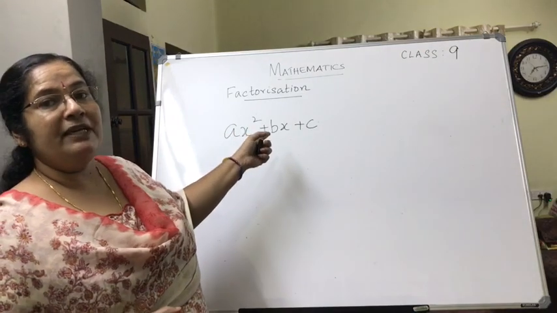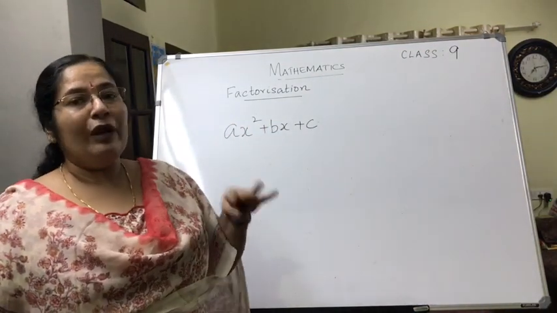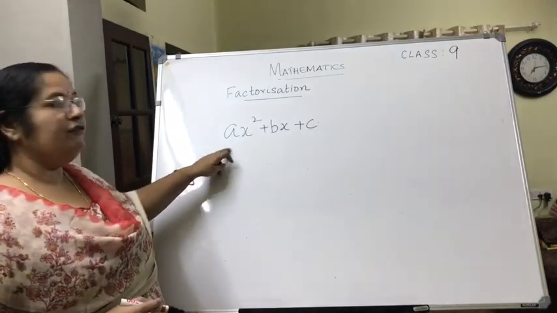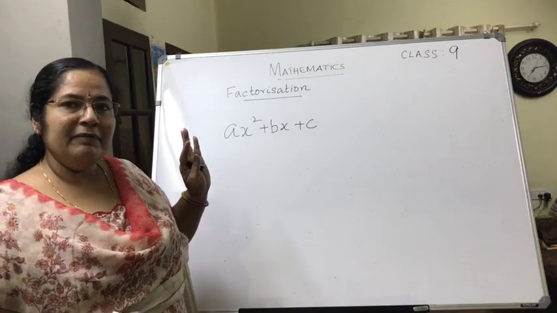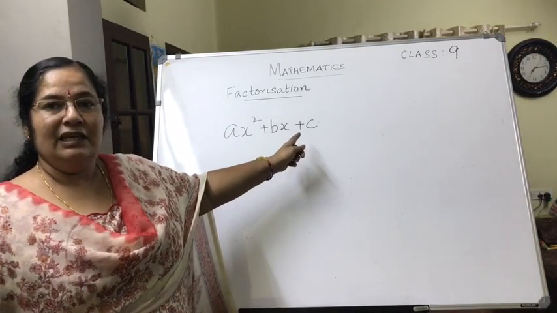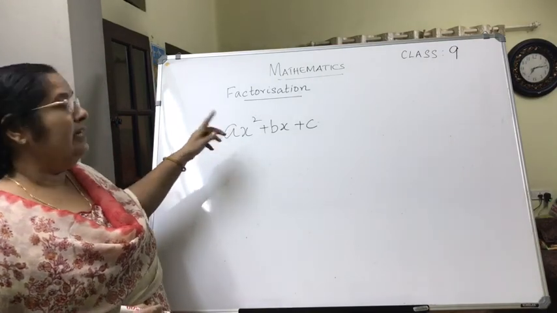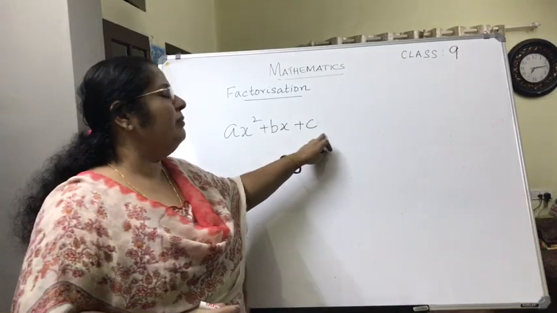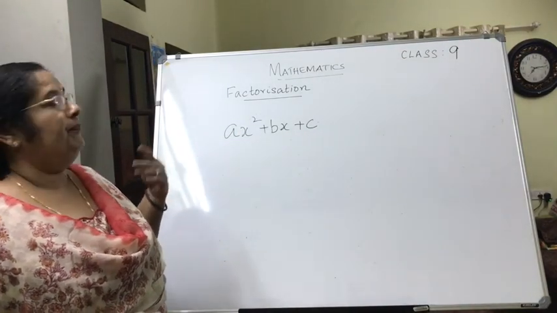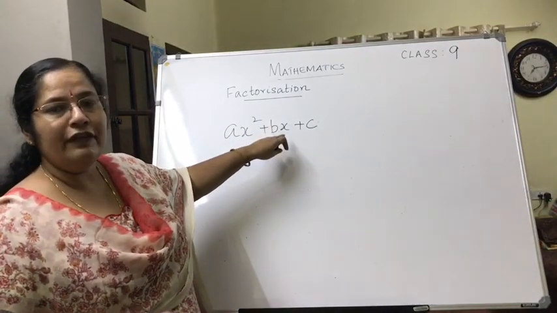Why do we say a is not equal to 0? Because if a becomes 0, the first term automatically becomes 0. Then it will reduce down to bx plus c. What is that? It will be a linear polynomial. That is why we say a quadratic polynomial, the general form is this, with a condition that a is not equal to 0. Now a is the coefficient of x square and b is the coefficient of x.